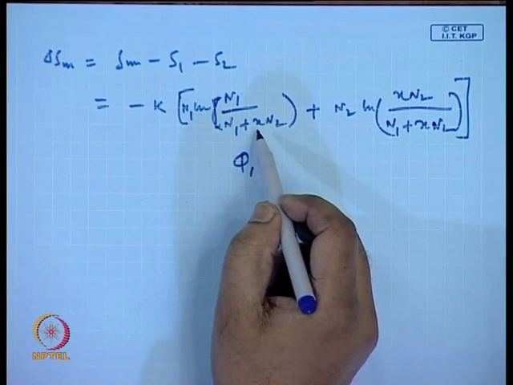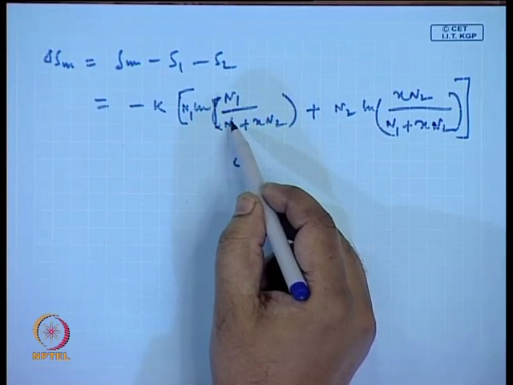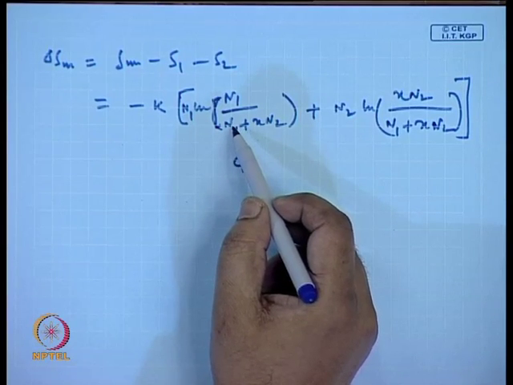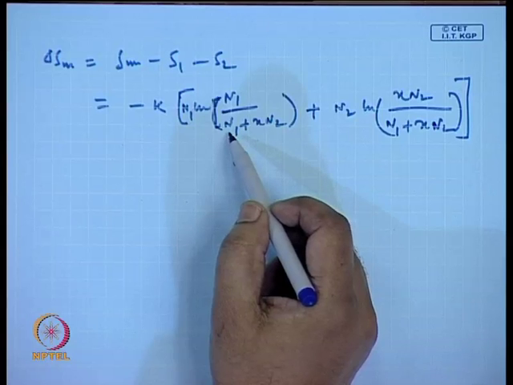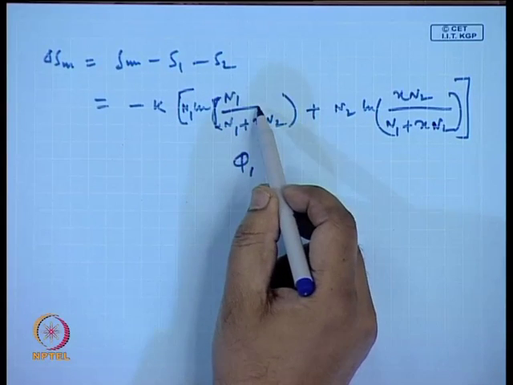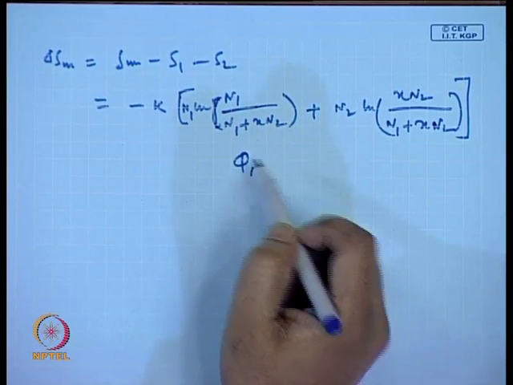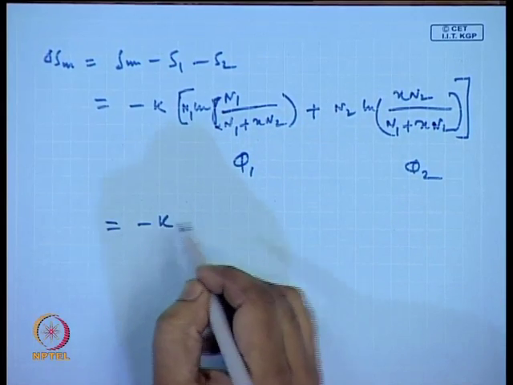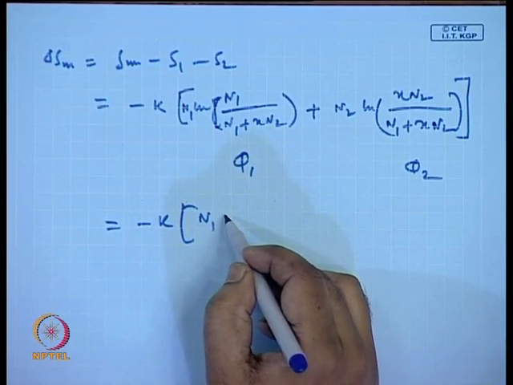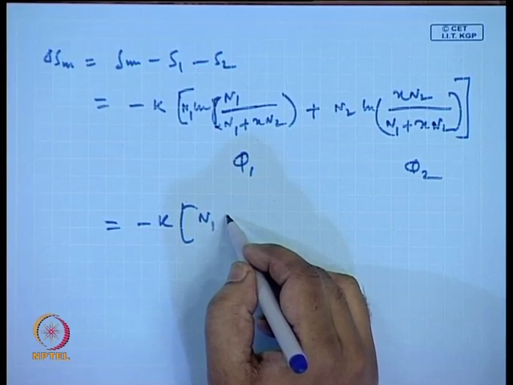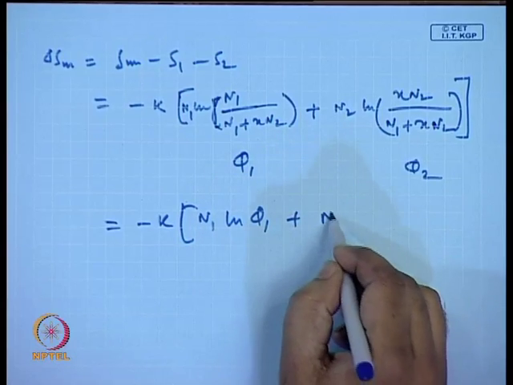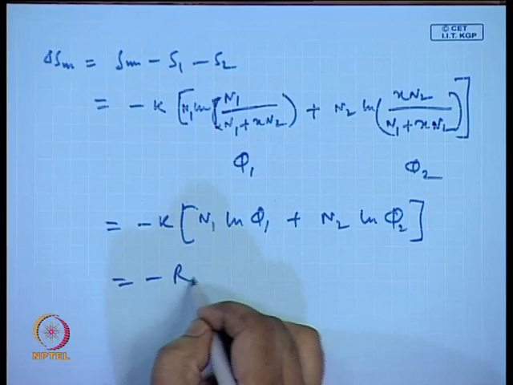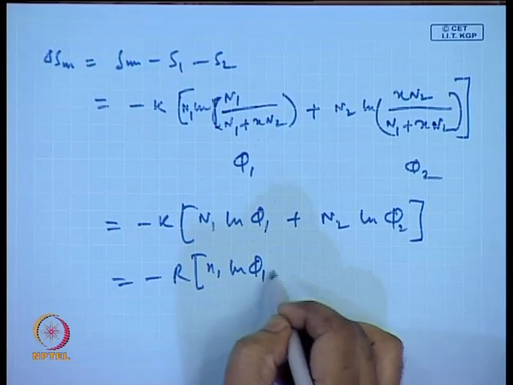Here N1 plus x N2 is the total number of segments, and we knew that the volume or size of a segment is the same as the size of a solvent molecule. So, this would be the volume fraction of the solvent, and this would be the volume fraction of the polymer. So, we can write this as N1 ln phi 1 plus N2 ln phi 2.